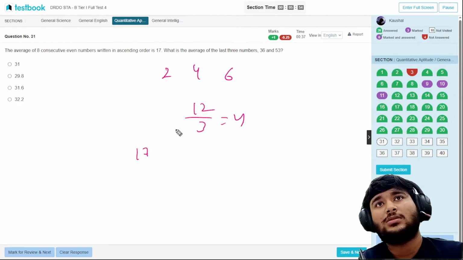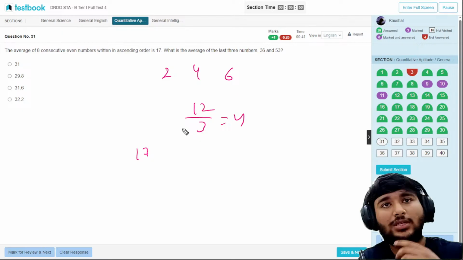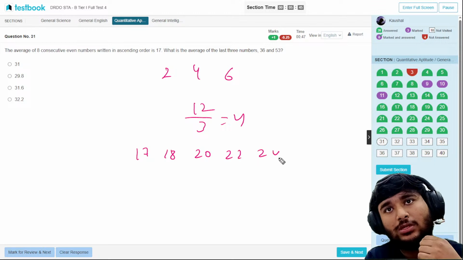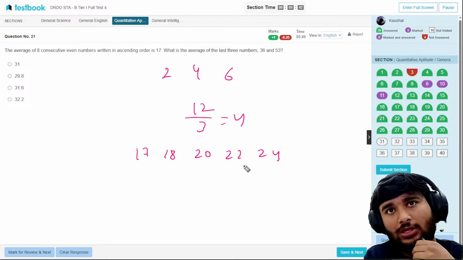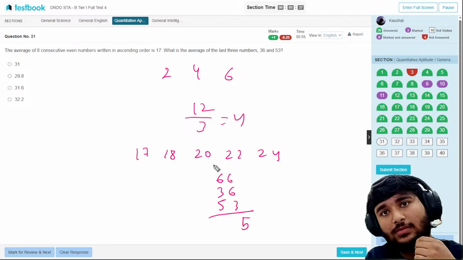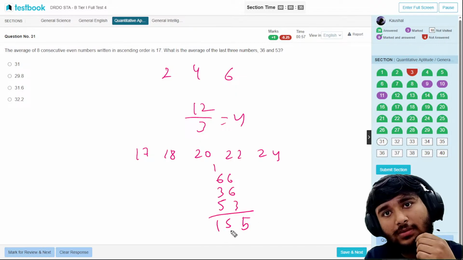What is the average of last three numbers? 36 and 53. कितना हो गया? 66 plus 36, 53, 6 to the 12, 5 1. 31.